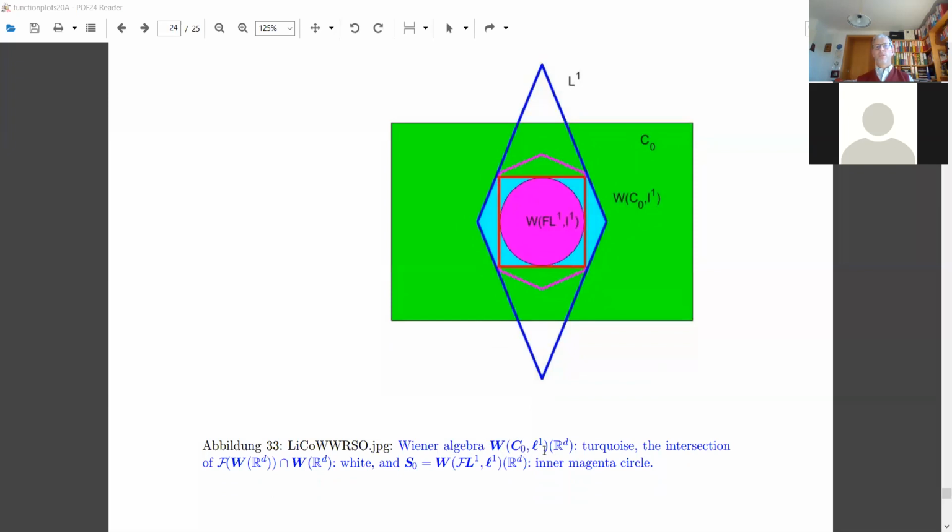So little l1 is the sequence space of all sequences indexed by the integers, or by the lattice, which have a total finite sum. So that's quite easy. But this is a much smaller space compared to C0.